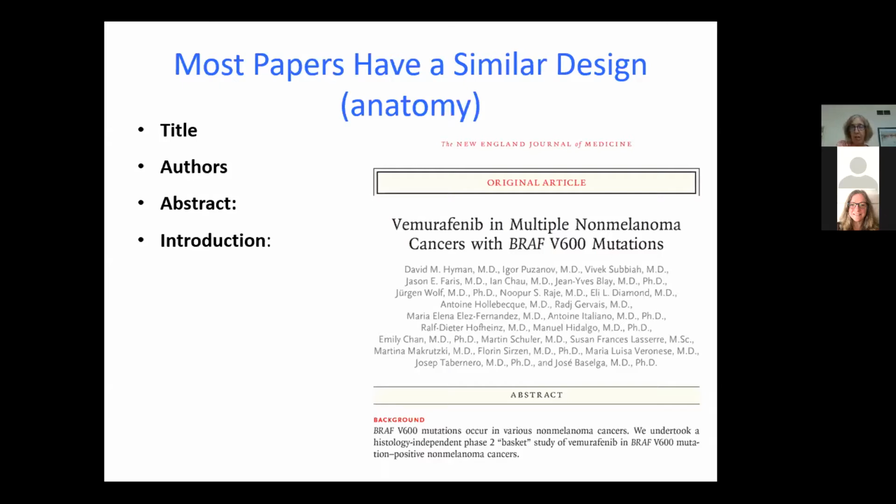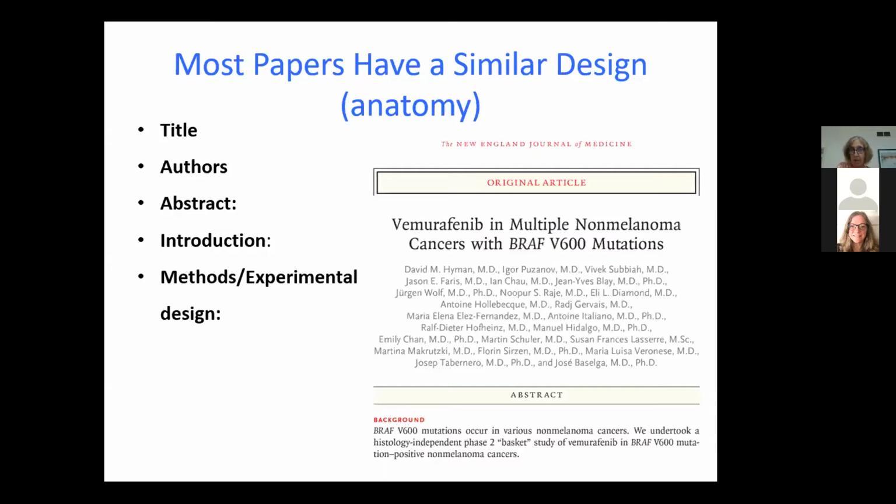Then you tend to have an introduction or a background section, which gives you a review of the material that you need to understand the next sections, which are the results section and the methods or experimental design. Sometimes the results come before the methods and experimental design, sometimes they come after. It just varies. And then you usually have a discussion section. And then, of course, references.